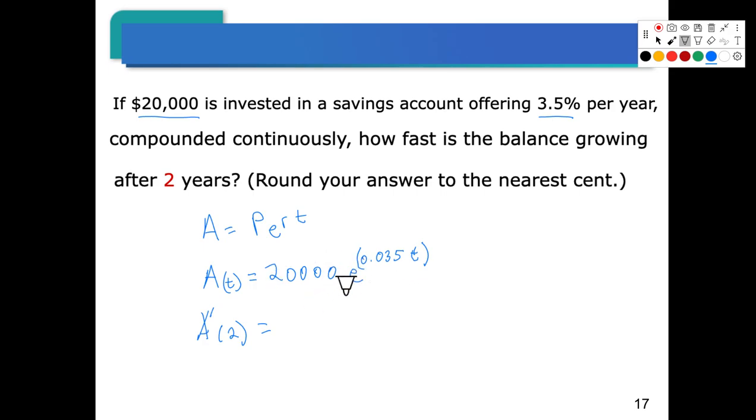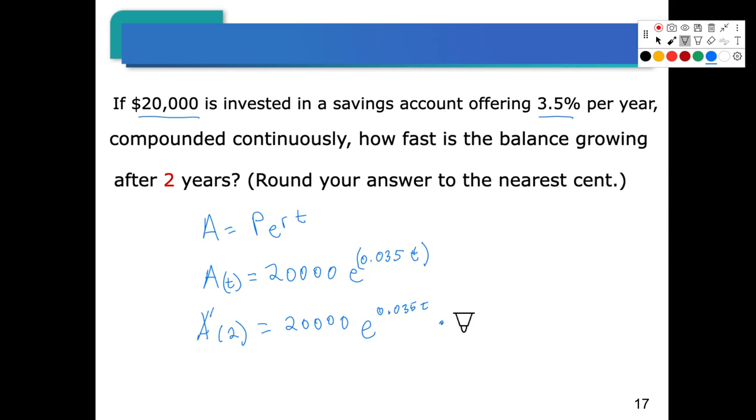The 20,000 is just a constant multiplier, so it just tags along. We still have our 20,000. e to some power is its own derivative, so I copy that: e to the 0.035t. And then I multiply by the derivative of the inside.